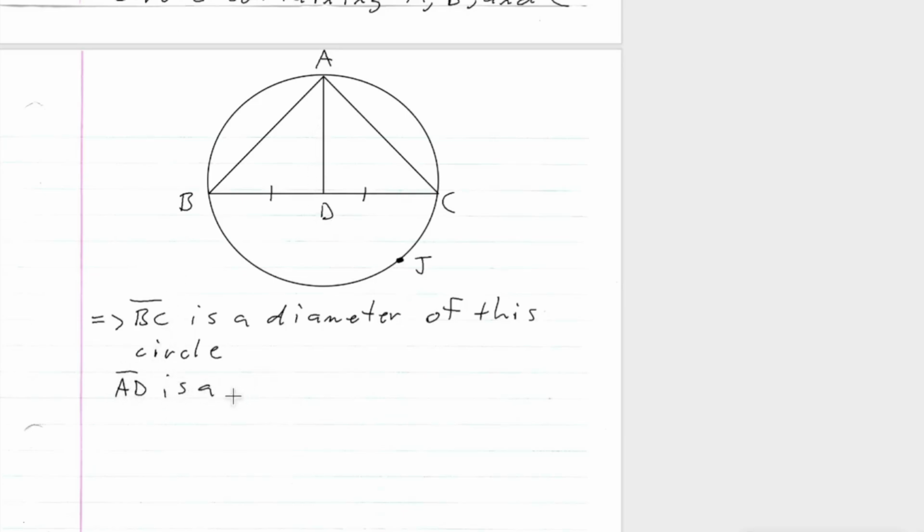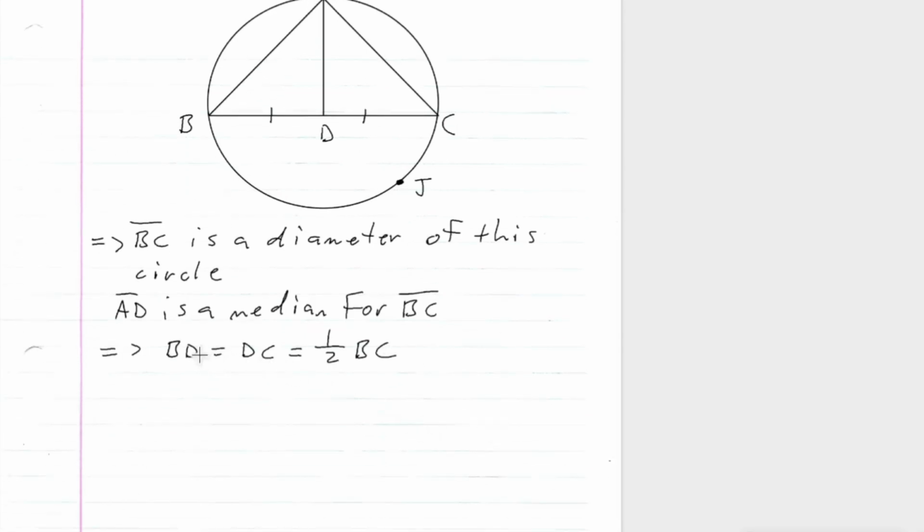Now we're going to use the fact that AD is a median for BC. This implies BD is equal to DC, and both of them are equal to half the measure of BC.